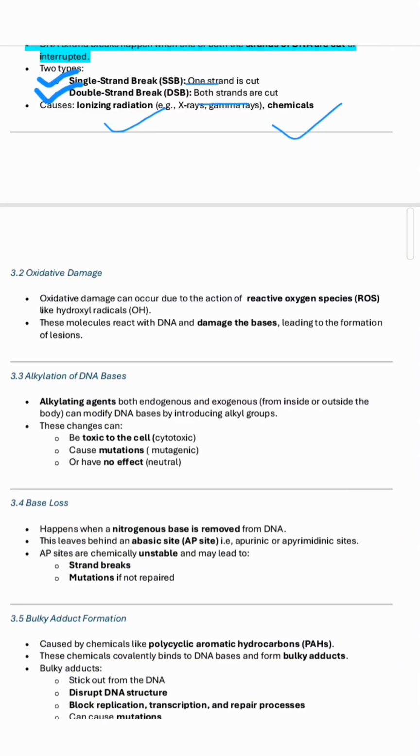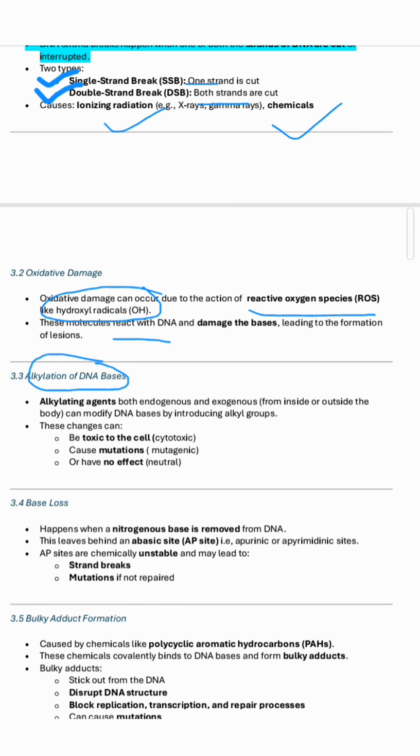The oxidative damage can occur due to the action of reactive oxygen species like hydroxyl radicals. These molecules react with the DNA and cause the base to damage, leading to the formation of lesions. Third one is the alkylation of the DNA bases. There are several alkylating agents, both endogenous and exogenous.